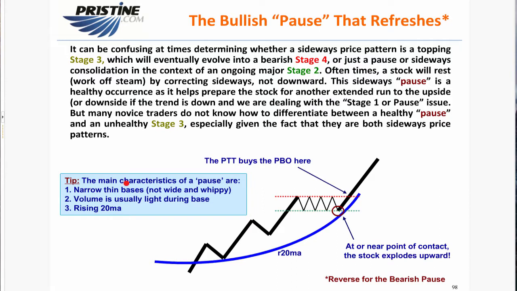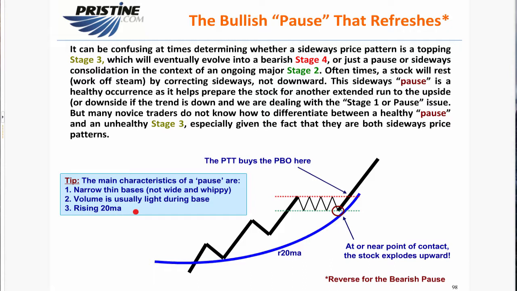So what are those characteristics? With a pause, they are generally narrow, thin bases as opposed to wide and whippy. The volume is usually light within the base, aka continuation volume. That's what we talked about yesterday, where volume is diminishing within the base, indicating digestion and consolidation.